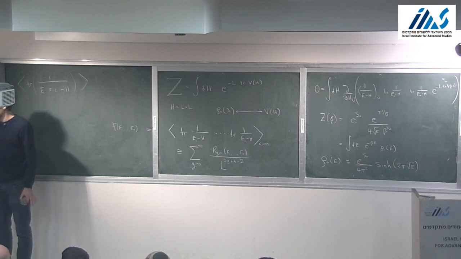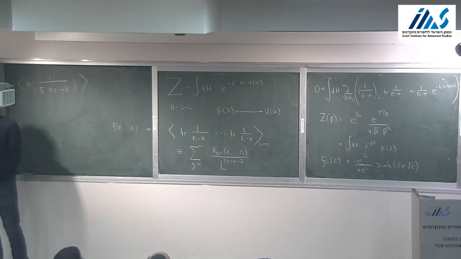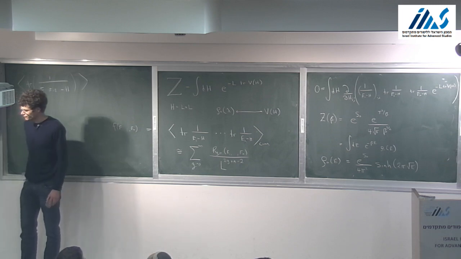The dimension of the matrix, the random matrix H. But for you it's e to the S0. Yeah, I haven't said what L will be in our case, and that's coming.